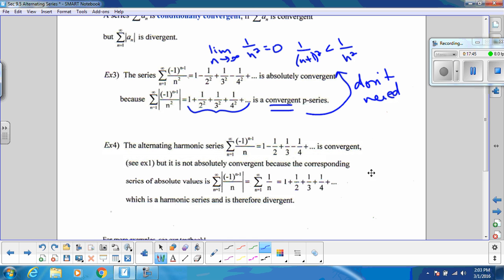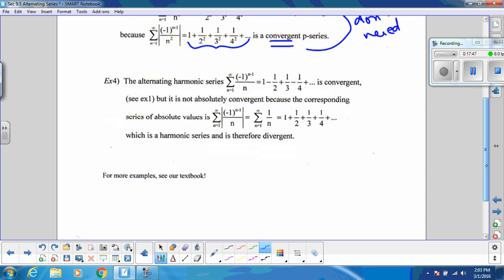However, let's look at example 4. We have the alternating harmonic series. We know that the alternating one is convergent, but we also know that if we take the absolute value of that, that's the harmonic series, and that's divergent.